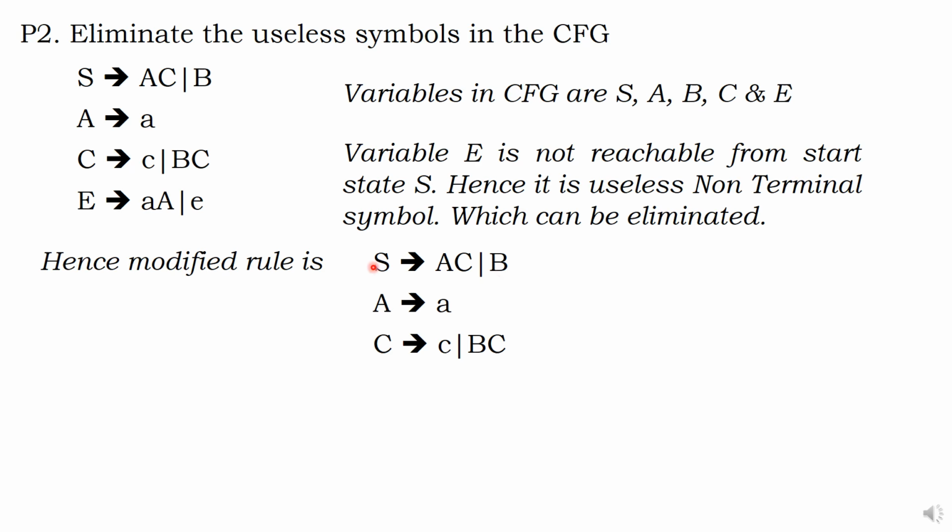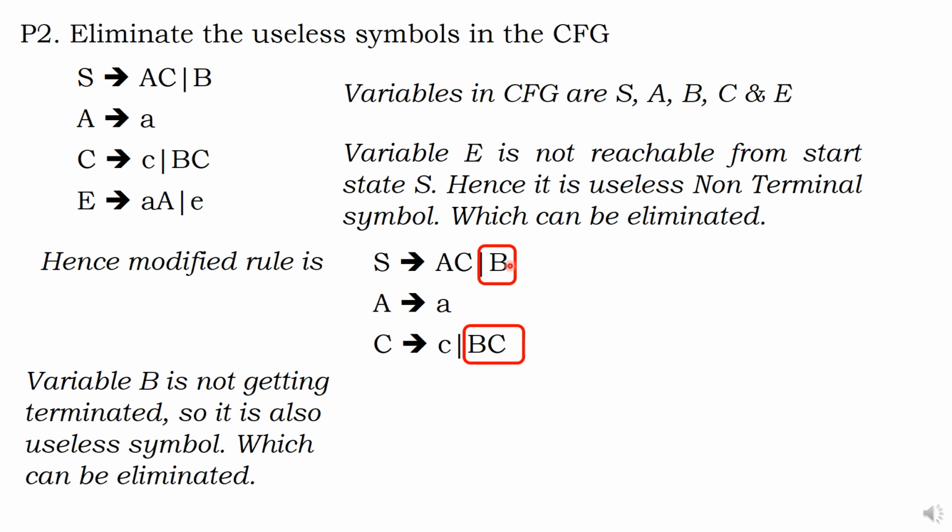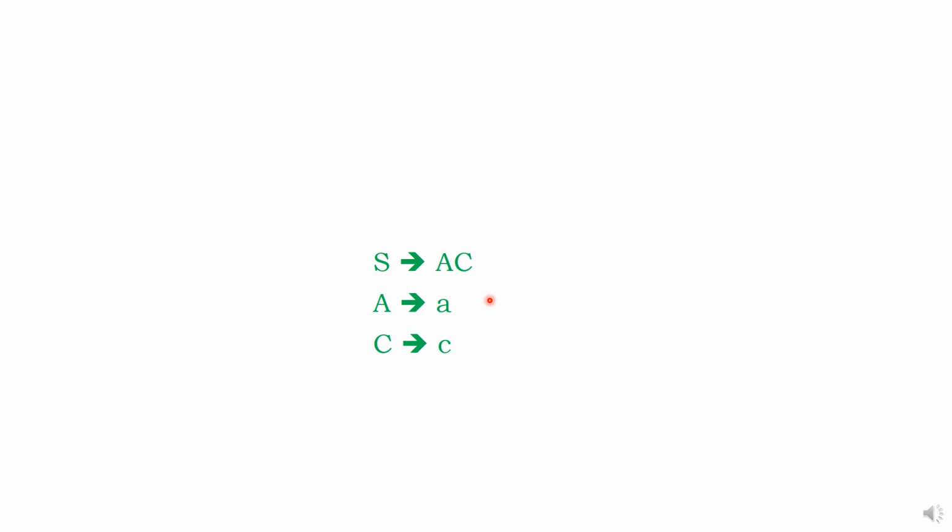You start from S. Going to A, terminated, good news. Going to C, terminated, good news. Going to B, where is it terminating? So obviously these two groups are not getting terminated. In fact, there is no use of this particular B. Hence we call it a useless symbol which can be eliminated. Let me remove that particular work. Once you remove the two B's, this is your final answer.